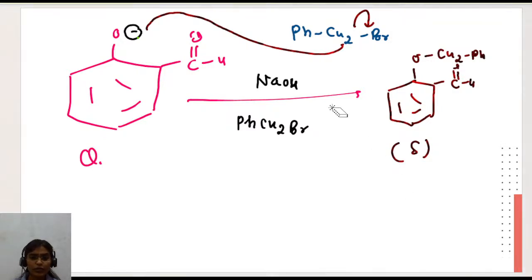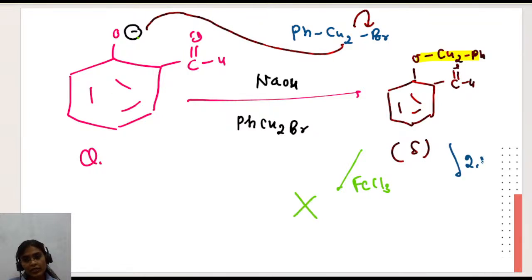No. Why? Because the OH is not free. So in this case, the FeCl3 test is negative. And the 2,4-DNP test, as we discussed, is for aldehyde. The aldehyde is still free, so yes, it's positive.